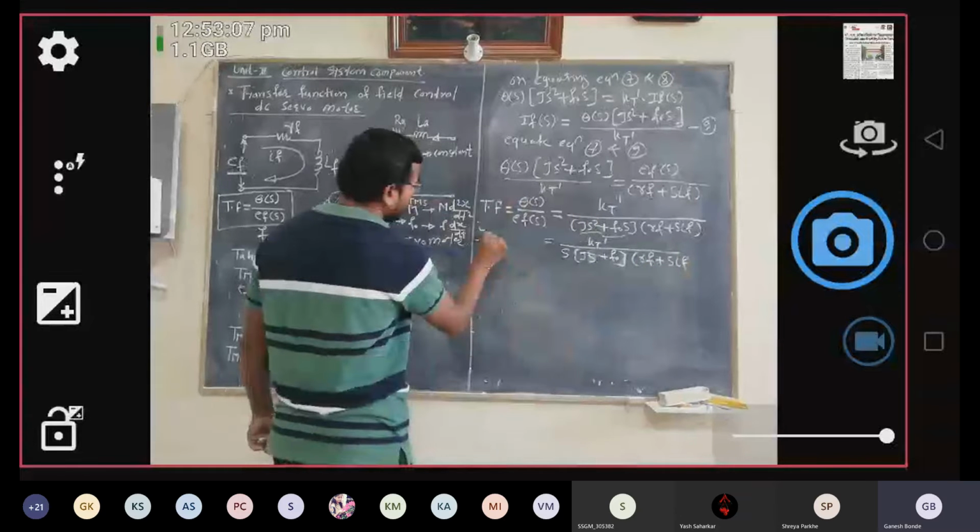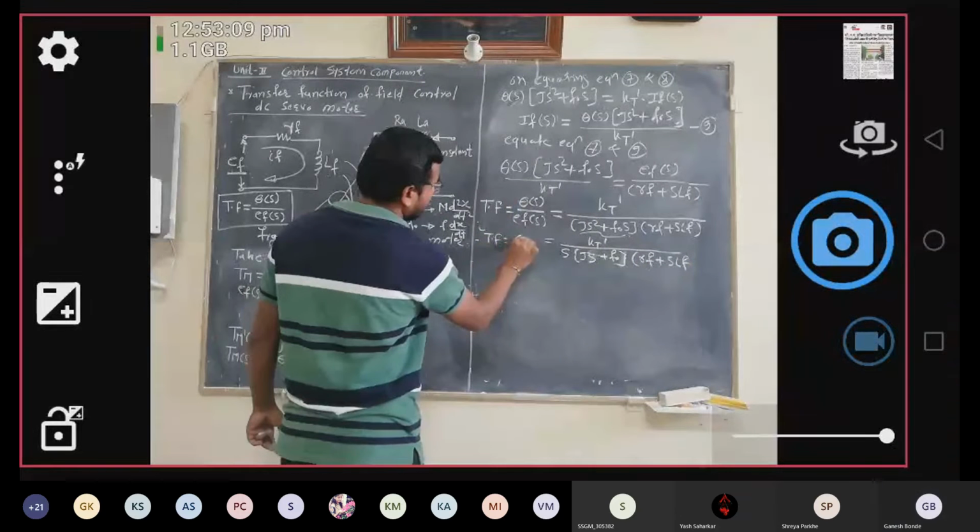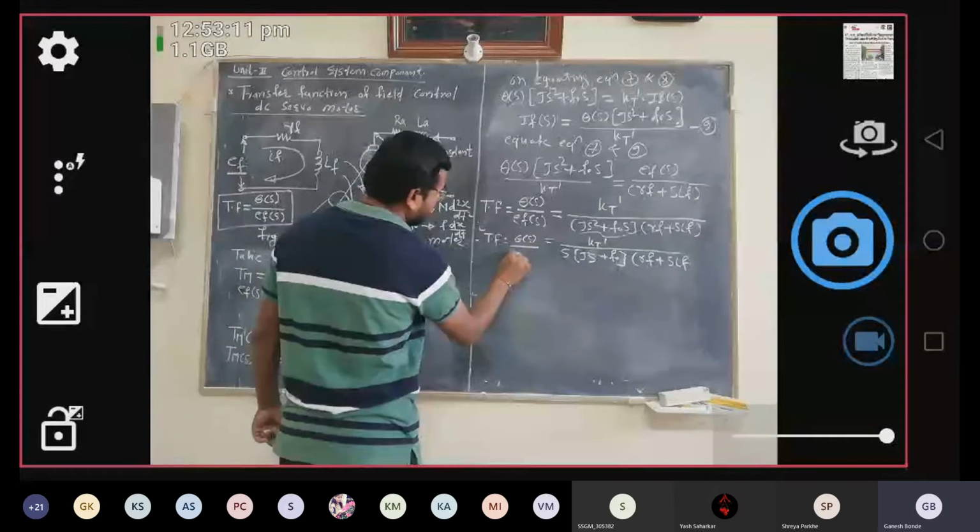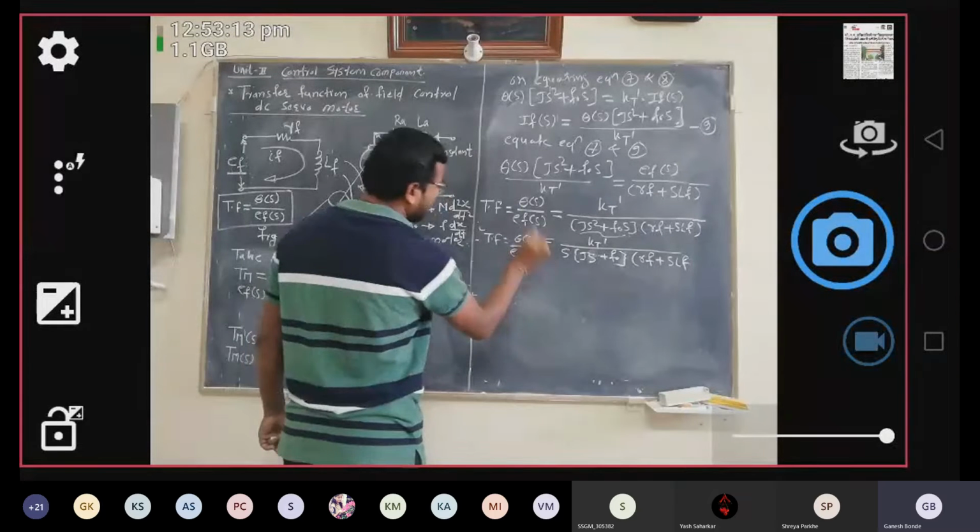So this is your required transfer function, which gives the relation between theta of s and E f of s.